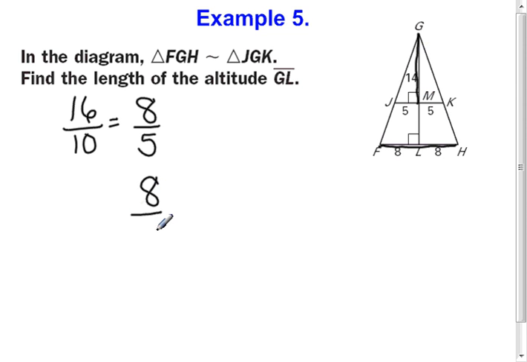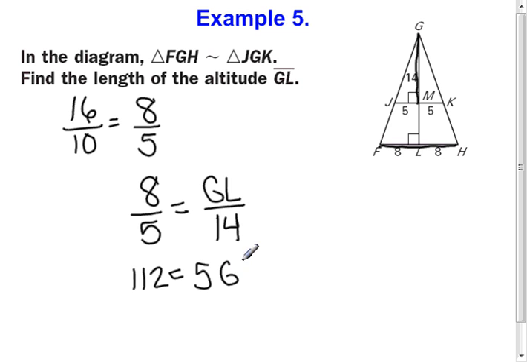So to find the altitude GL, we're going to set up 8 to 5 equals GL, or the altitude, you can have X or A, over 14. Cross multiply here. So it'd be 80 and 32, 112, equals 5 times GL.